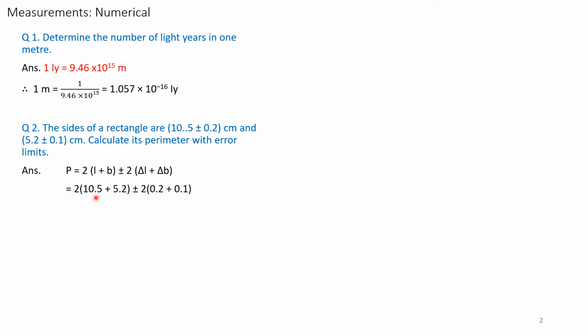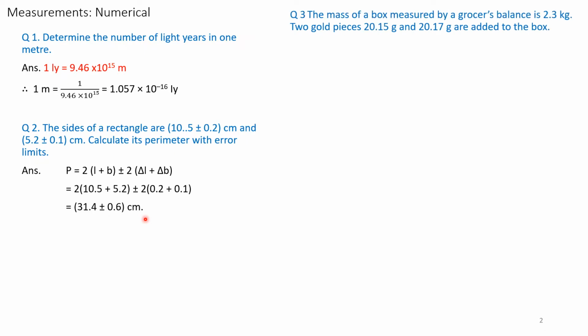Therefore, substituting the values, we get 2 into 10.5 plus 5.2 plus or minus 2 into 0.2 plus 0.1. Simplifying, we get 31.4 plus or minus 0.6 centimeter. That is the answer. Next question.